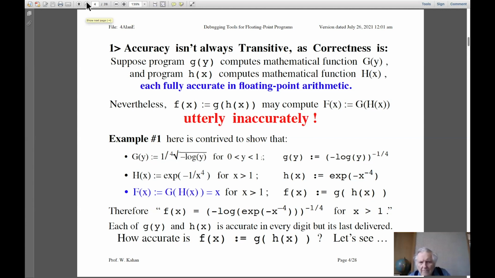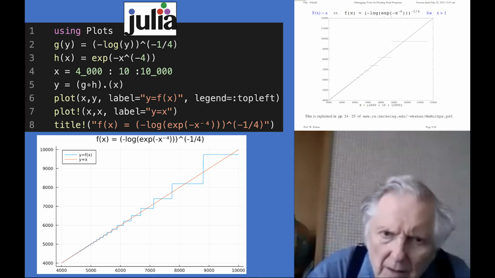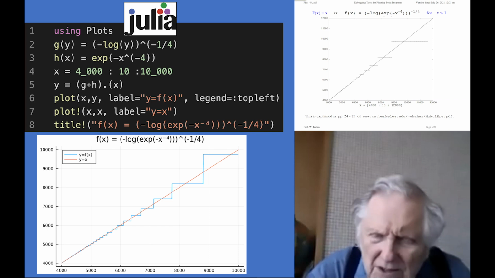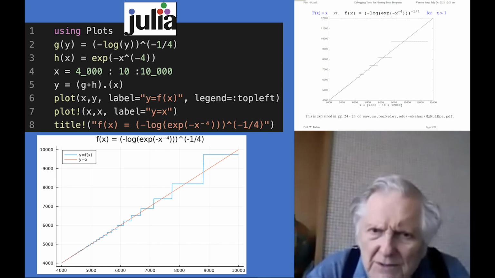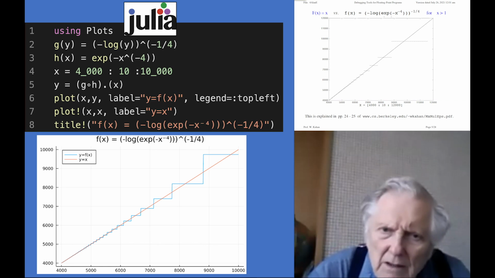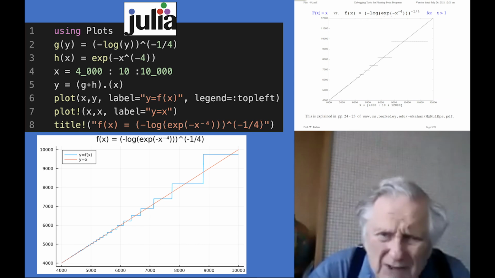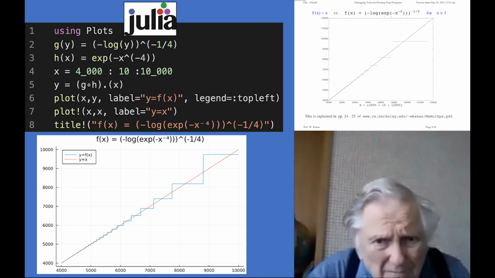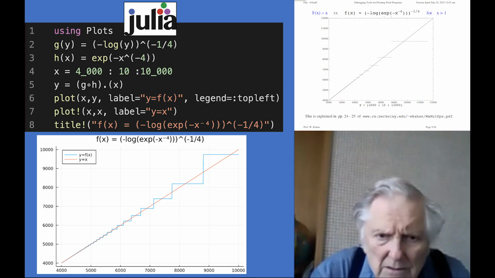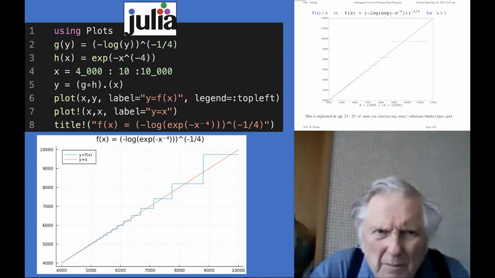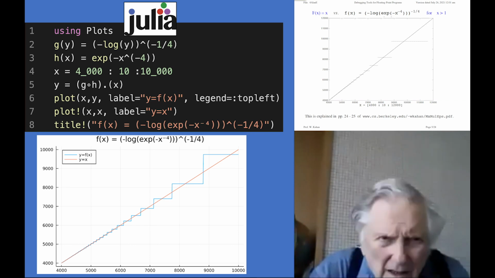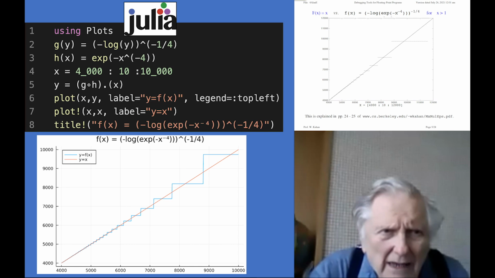Here are the formulas. And what I'm going to do is show you the graph. The correct composition of the program would do. But what you can see is the steps. It looks as if there are steps going up there. Well, that's the graph of the composed program. And as you see, the errors are pretty big. So there's our first problem, that correctness can follow, but accuracy does not necessarily follow.